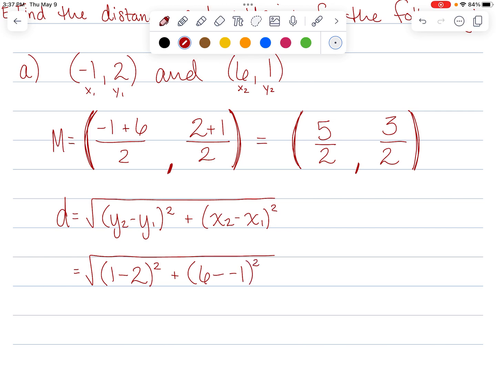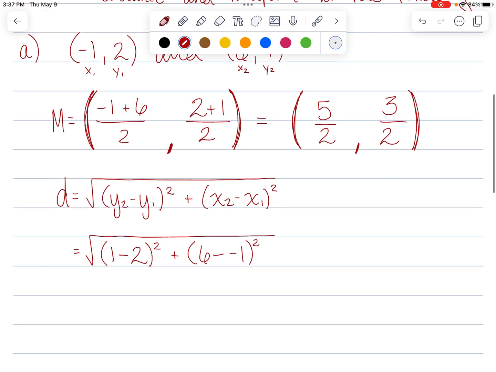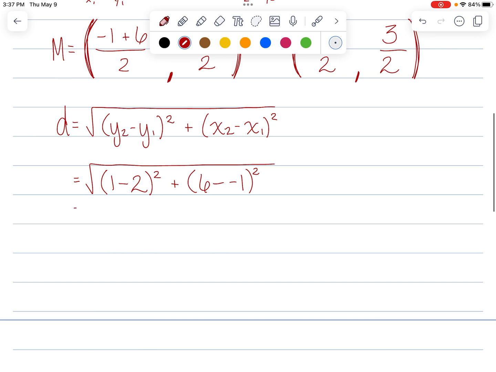Yes, it is minus a negative. Yes, minus a negative turns into a plus. You can write a plus there. For the notes, I tend not to because the most common error that I see with distance formula is people add the x's and add the y's. You don't want to add them. You don't want their sum. You want the difference between them, the distance between the x's, the distance between the y's. To find distances between x's and distances between y's, you subtract them.